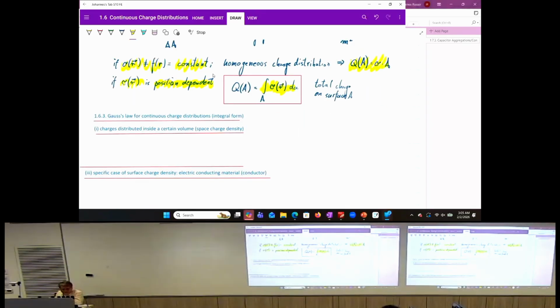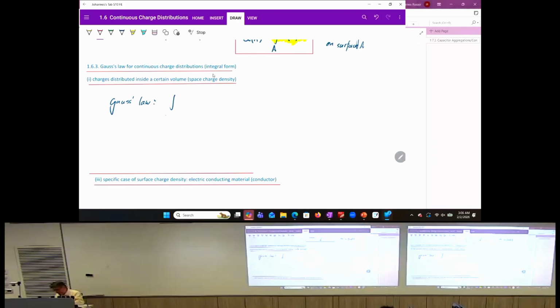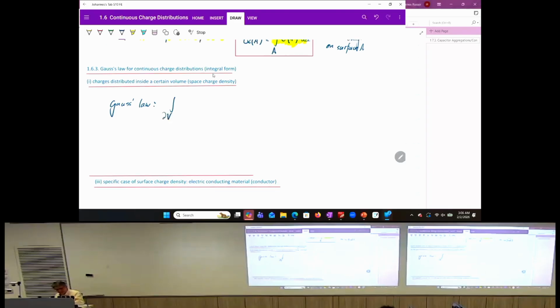Previously we have seen how Gauss's law works for point charges. It works very analogously for distributed charges. So remember, we had Gauss's law: taking the surface integral over an enclosed surface, evaluating the flux, is equivalent to the charge within the volume.